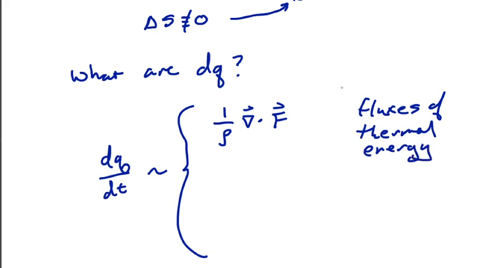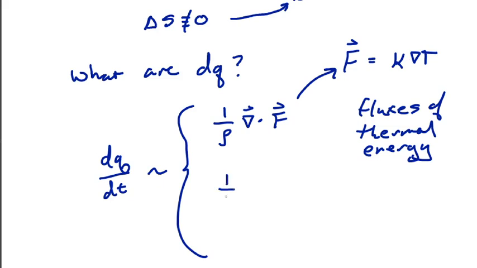And one of these examples is if the flux is equal to, for example, a diffusive flux, something like kappa grad T, which would be appropriate for something like conduction potentially, or something like radiative transport in a diffusive approximation.